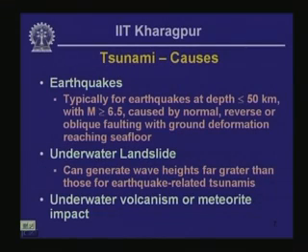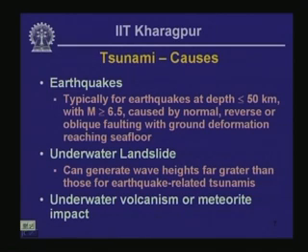As is shown here, tsunami can be caused by earthquakes, underwater earthquakes. In this case, typically the earthquakes need to be shallow events that occur at a depth of less than 50 kilometers from the ocean floor, and it is also required that the magnitude of the earthquake is greater than or equal to about 6.5.